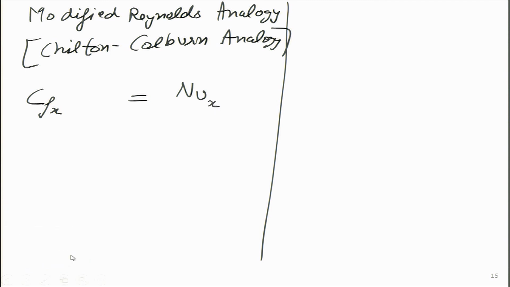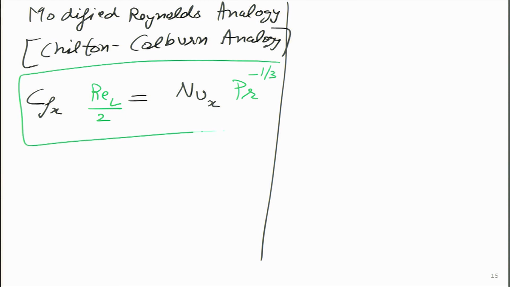So, constants I will write in Greek. This is just a constant REL by 2, and this is also a constant over here, Prandtl to the power minus 1 by 3. That is it. So, on the left hand side, the family name I can keep is the momentum family. On the right hand side, I can give the family name as the heat family.